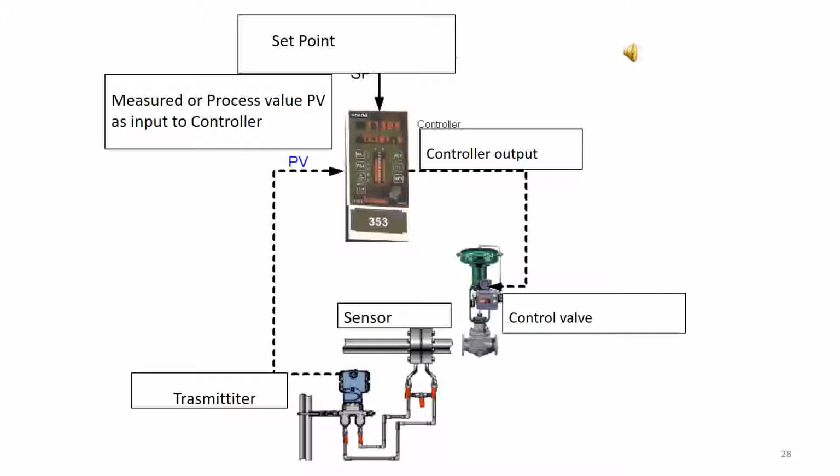Controller has a set point given manually by operator, one input, in our case 4 to 20 milliampere flow signal, and one output 4 to 20 milliampere to control valve. If there is a difference between set point and flow signal, controller changes its output to the control valve.